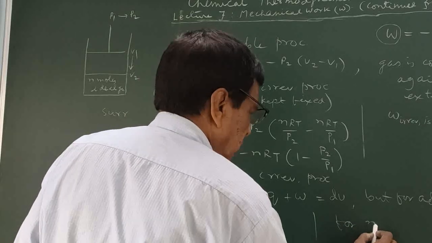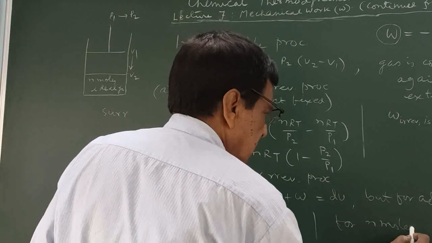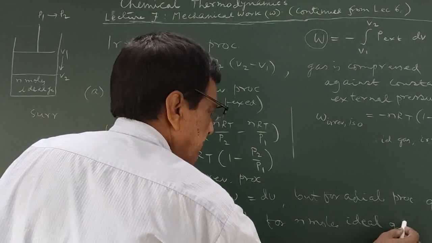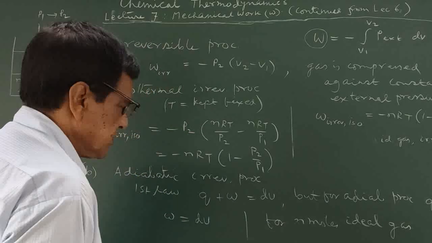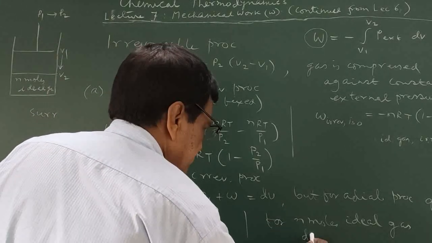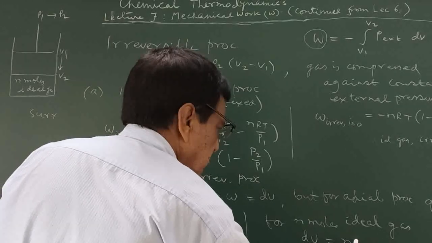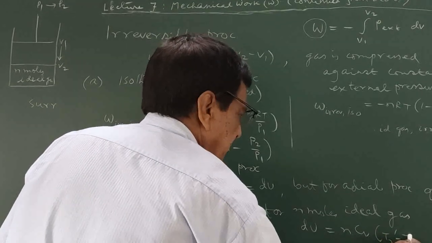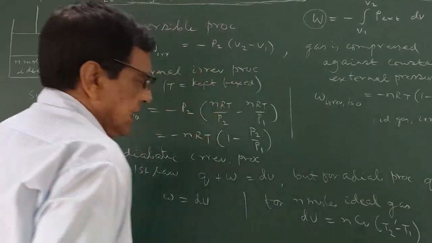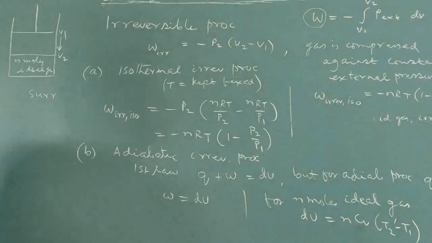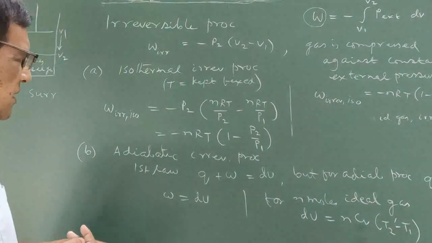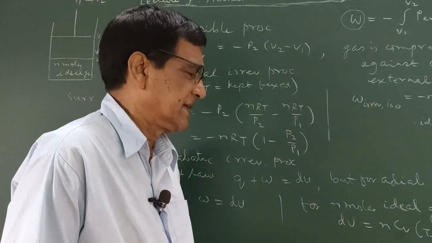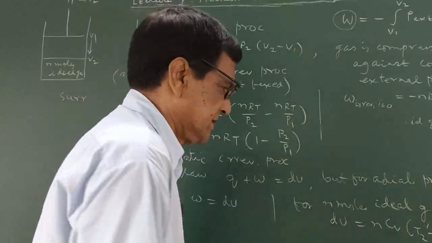For n moles of ideal gas, dU equals nCV times (T2 dash minus T1). Let the final temperature for this adiabatic irreversible process be T2 dash.